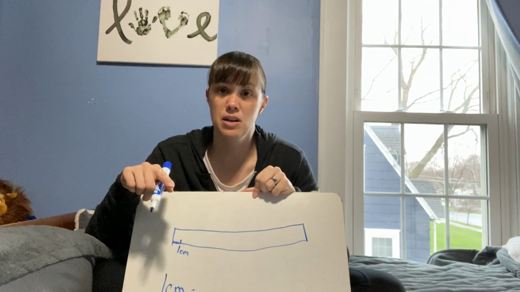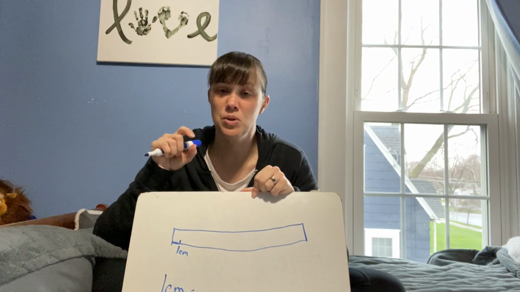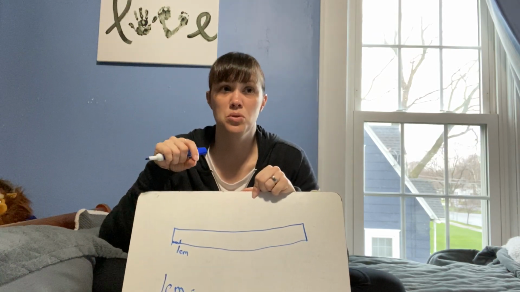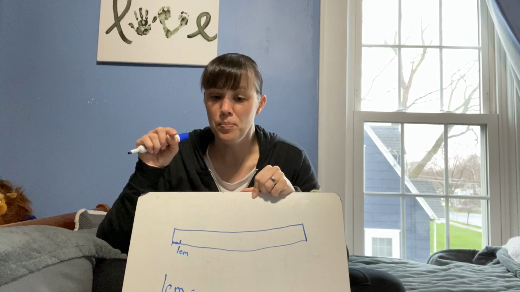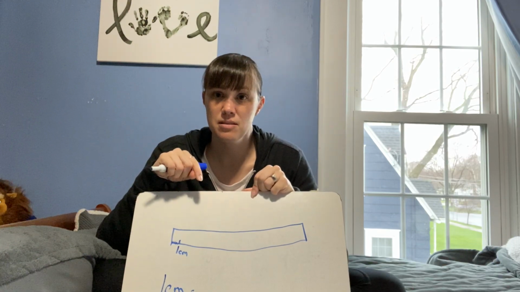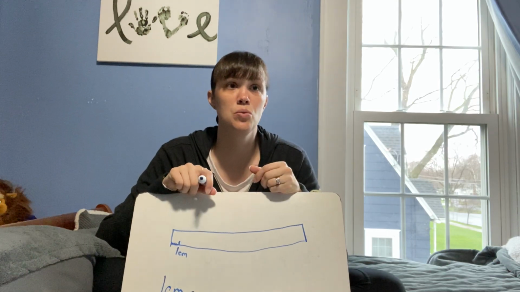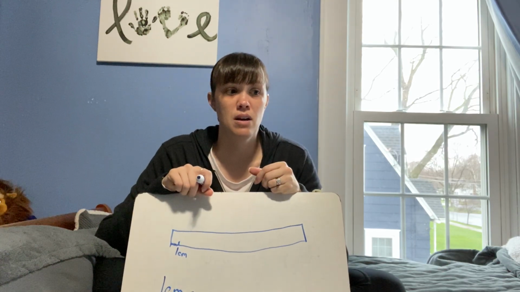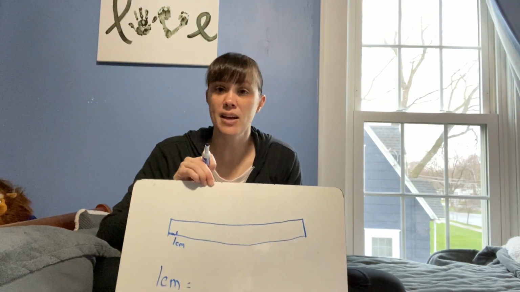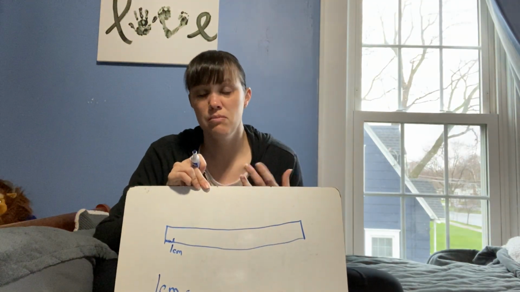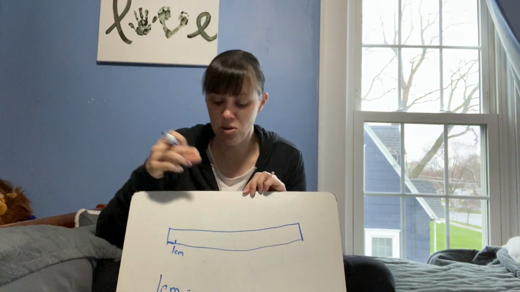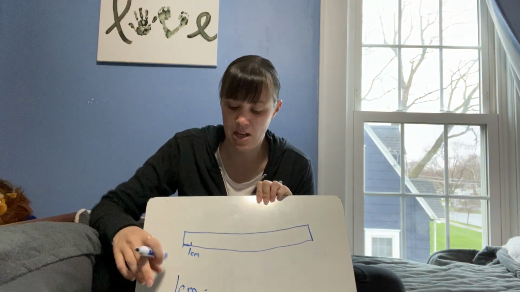So that ladybug yesterday that we measured, even though it kind of had the ruler on there already, it was 5/10. You wouldn't say that that's 1 centimeter. I mean, if they asked you to do it to the nearest centimeter, then obviously the ladybug would have been 1 centimeter, but usually it's to the nearest tenth.